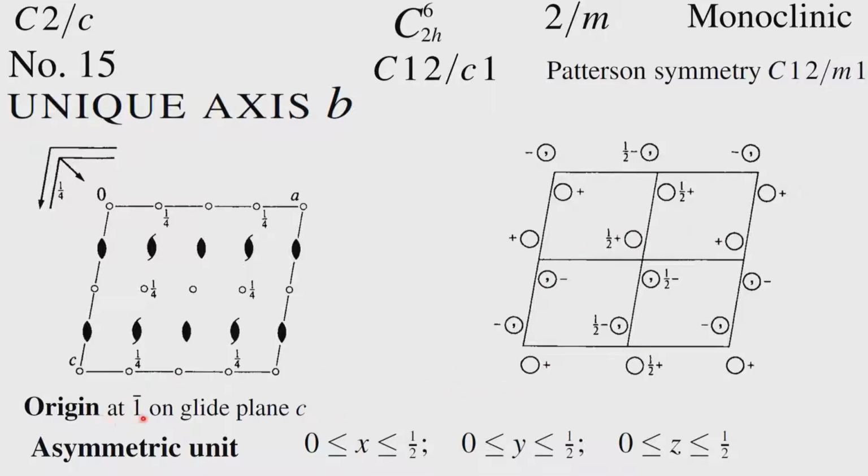Also, we notice here that the origin is located at 1 bar, and the glide plane C is coincident with 1 bar. What happens in that situation is that this particular notation tells us that there is a new symmetry that develops, and that symmetry which develops is the so called N glide.